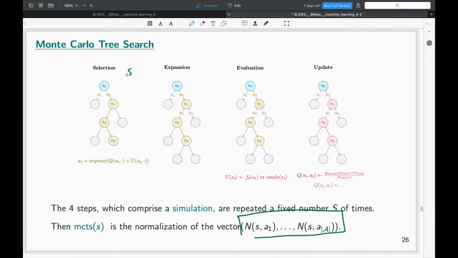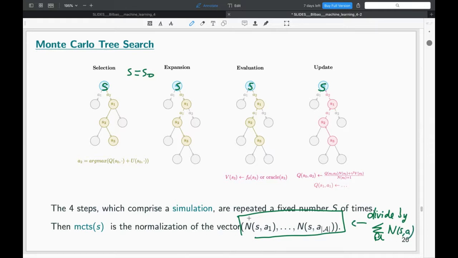So remember that S is S0. So your probability distribution is, you just normalize this so that each number is, you divide by sum of NSA.